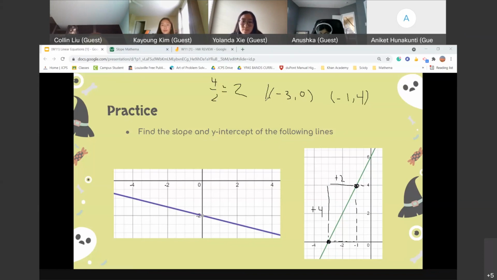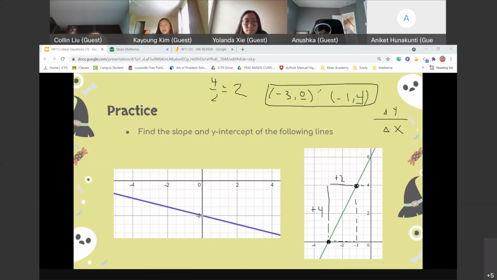Now I'm going to do it with the coordinate points. We should get 2 as our answer, right? We already checked it on the graph, but let's do it this way. Remember, we can't put the x on top. We have to put the y's on top. So change in y over x, that's how you write it, shorthand.